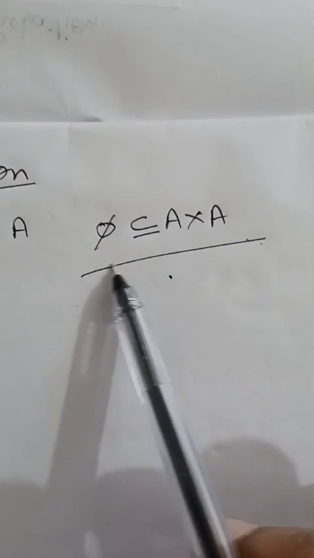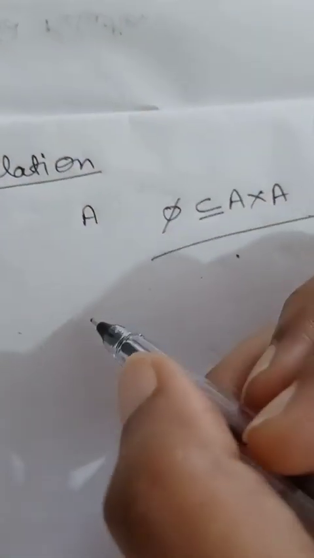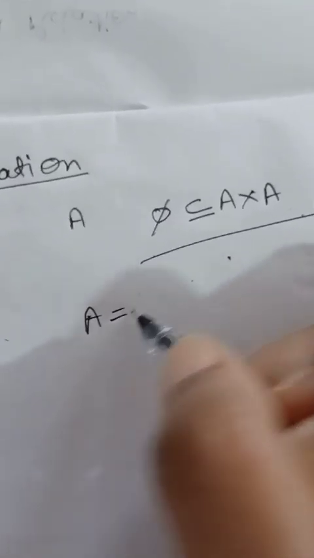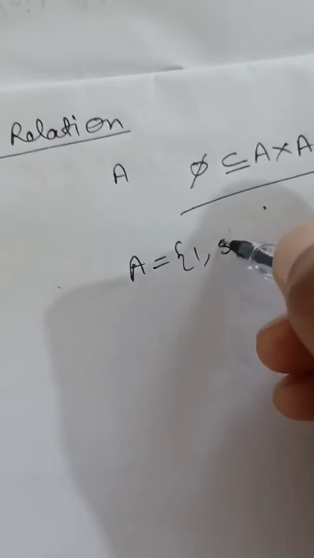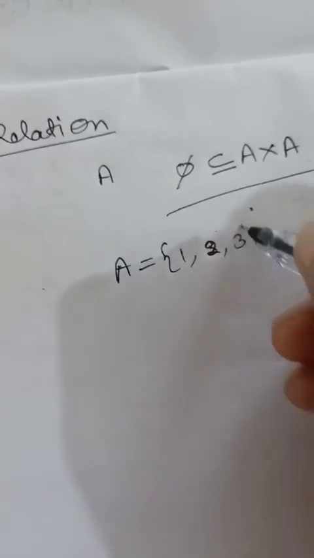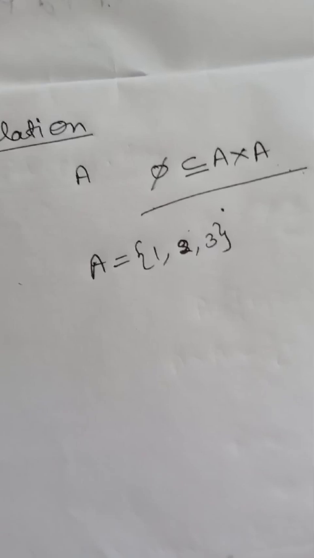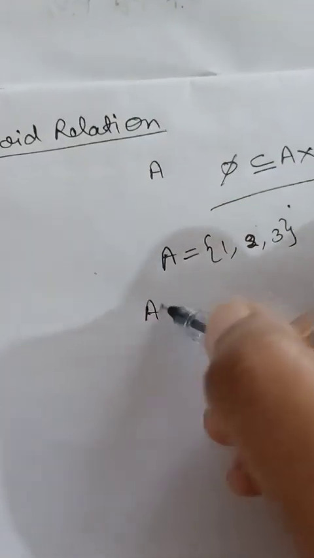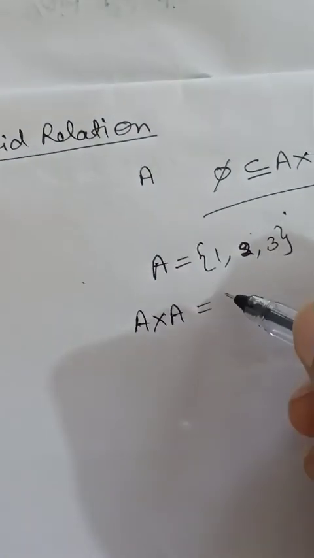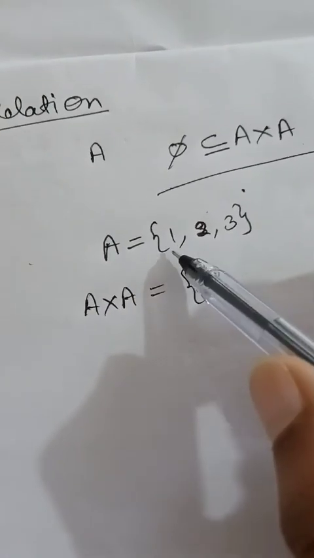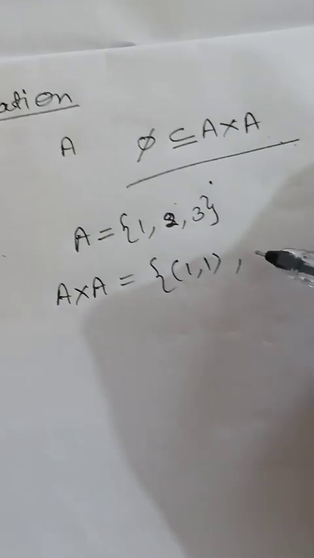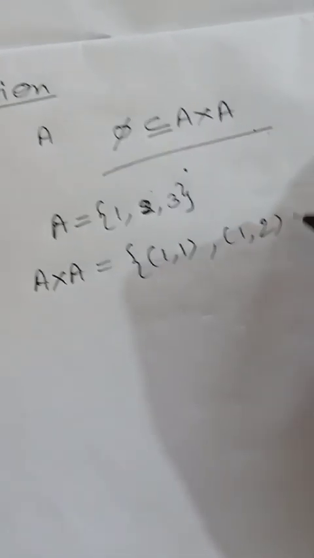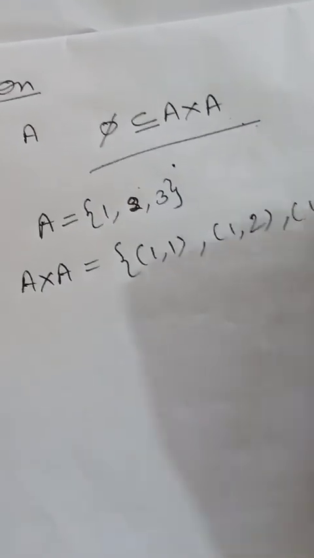अब इस फैक्ट को थोड़ा सा और क्लियर करते हैं. So take an example for that. Let A be a set of these elements 1, 2, 3. Then A cross A will be: firstly 1 cross, (1,1), (1,2), (1,3). ठीक है.